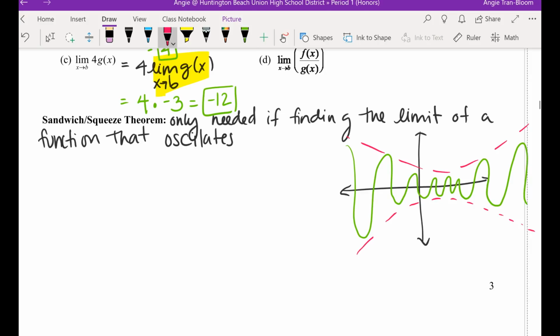Okay, so what is the theorem for the sandwich? Again, some books will call it a sandwich theorem and some books will call it a squeeze theorem. Here's the theorem.